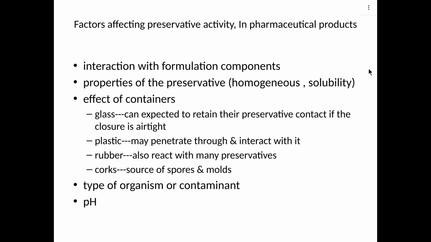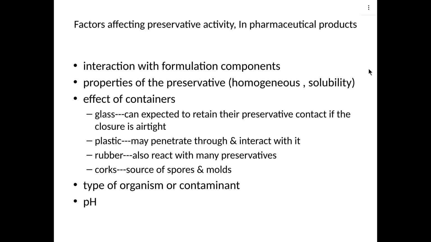So some of the factors that affect preservative activity in a pharmaceutical product, I want us to look at those. The first one is interaction with formulation components. Then you have properties of the preservative. You have effect of the container, and here we are looking at glass, plastic, rubber, corks. We have the type of organism or contaminant.